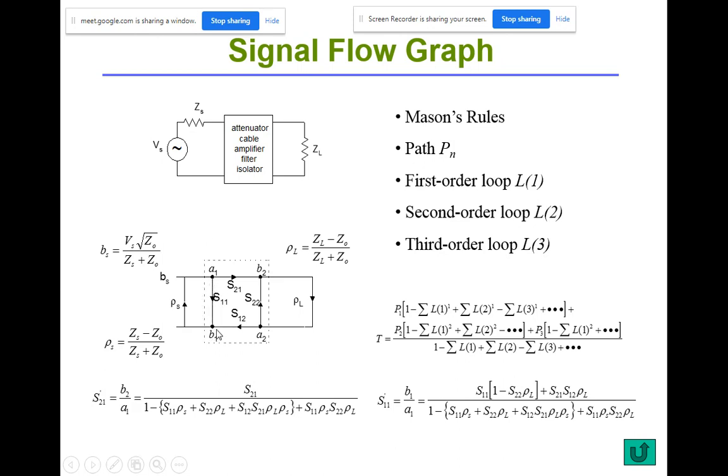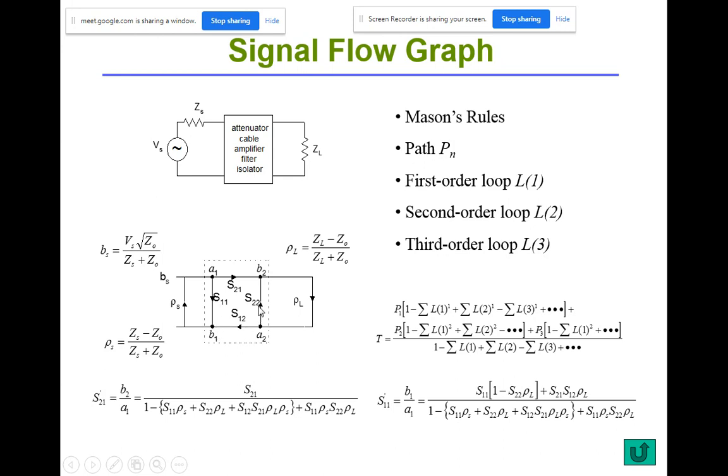So in a signal flow graph, you can represent it with a path from A1 to B1. And the path gain will be S11 because B1 divided by A1 is the reflection coefficient. All right. So therefore, the path gain of this path will be S11.